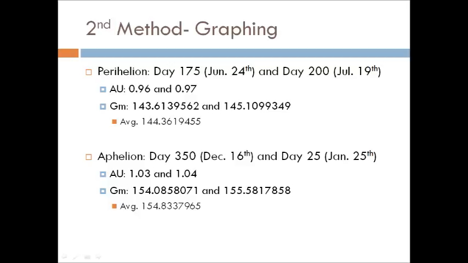For the aphelion, you can see that the gigameters range from 154.1 to 155.6, and the average is 154.8, but bear in mind, again, that the curve was actually a bit lower, closer to the beginning of that interval, so it's probably closer to 154.1.